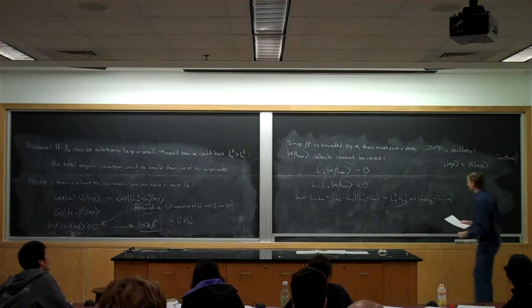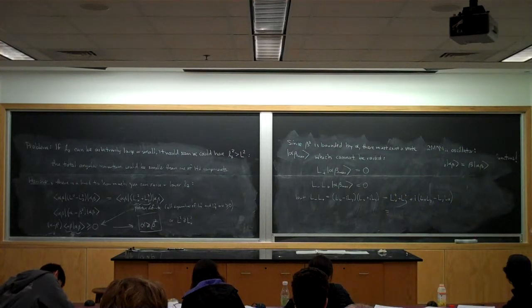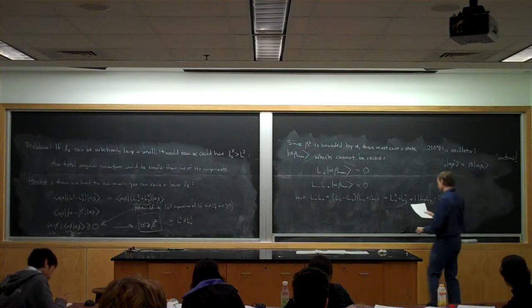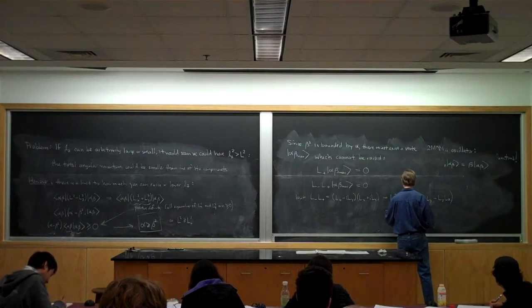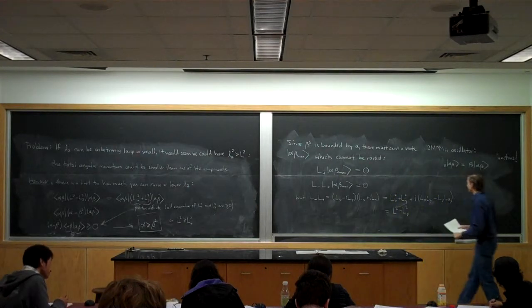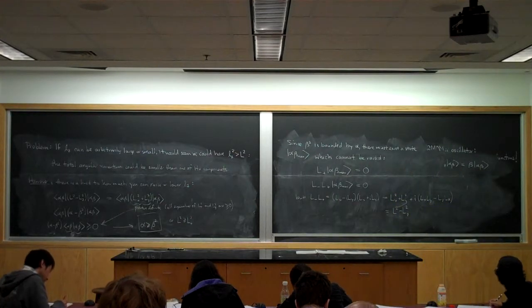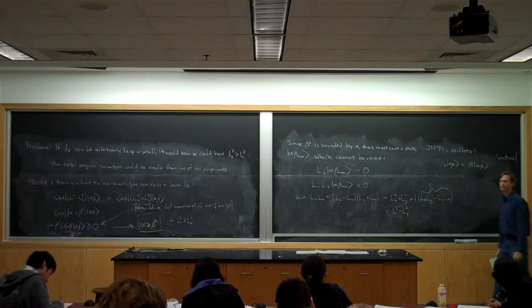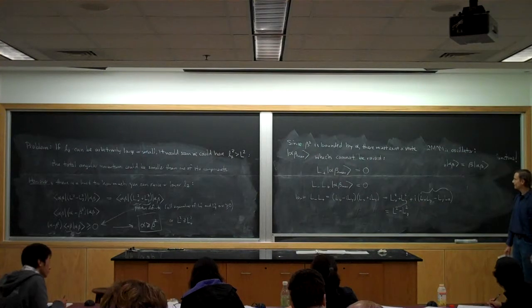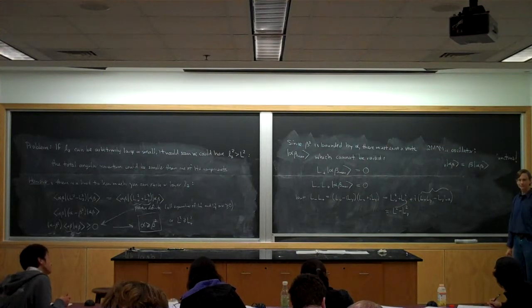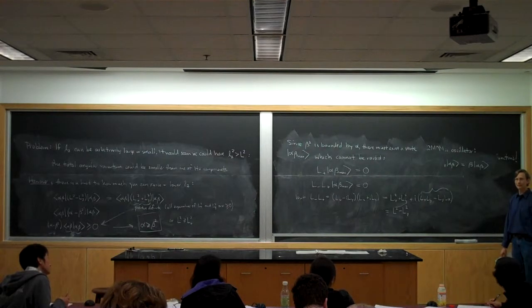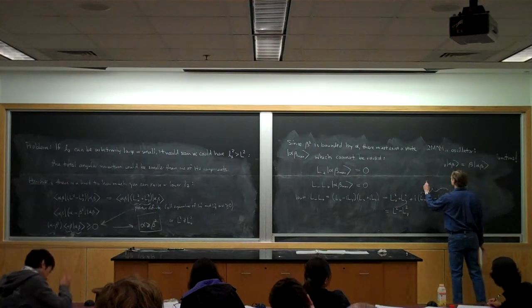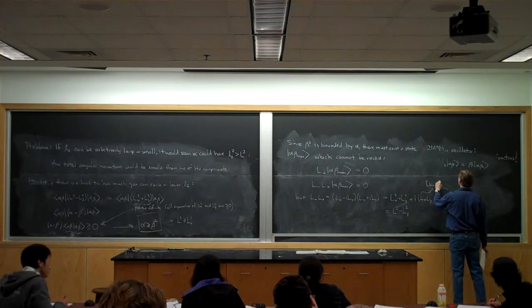But wait a minute. Lx squared plus Ly squared is also known as L squared minus Lz squared. And Lx Ly minus Ly Lx, in other words AB minus BA, is also called the commutator. This is the commutator of Lx and Ly.